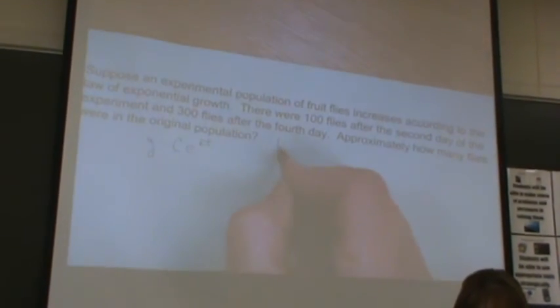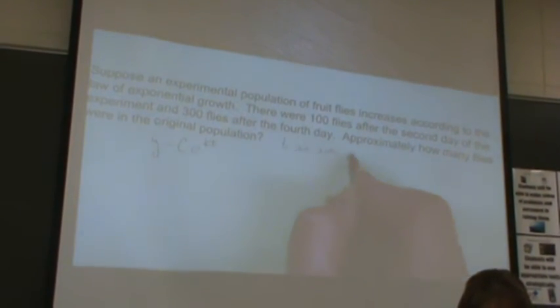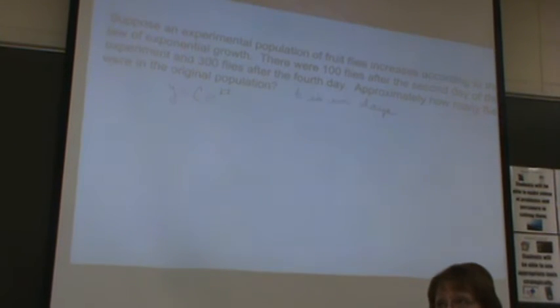The other thing to remember is that t is in days, right? These things multiply very quickly, which is why a lot of experiments apparently are done with fruit flies. You get a lot of quick data. Okay. So what do we know?